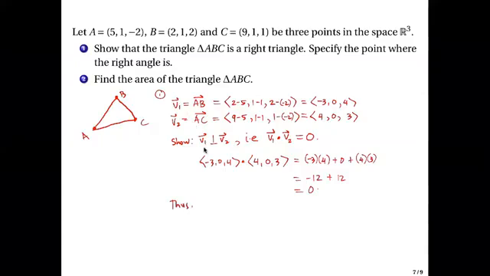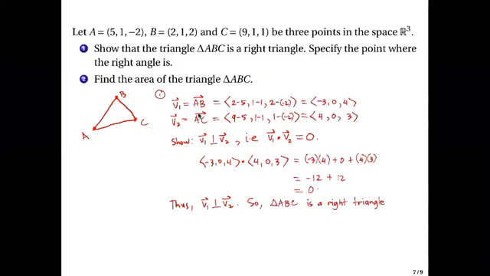Thus, V1 is perpendicular to V2. So triangle ABC is a right triangle, okay? And the right angle is at point A.